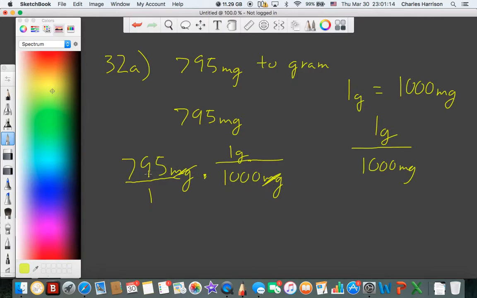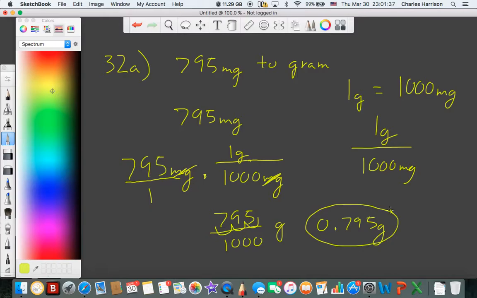And then it just basically is 795 over 1,000, you see? Grams, because the grams are left over. And then when we have 1,000, we can move the decimal back 3 places. So it's just 0.795 grams, like so. All right, hopefully you get that.